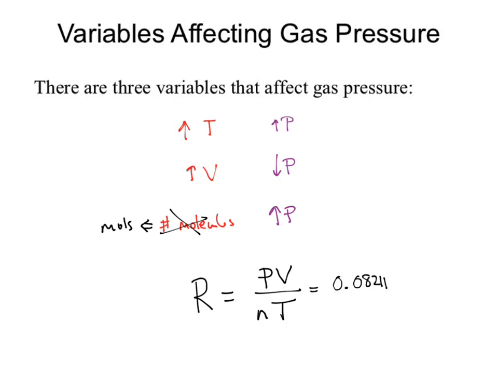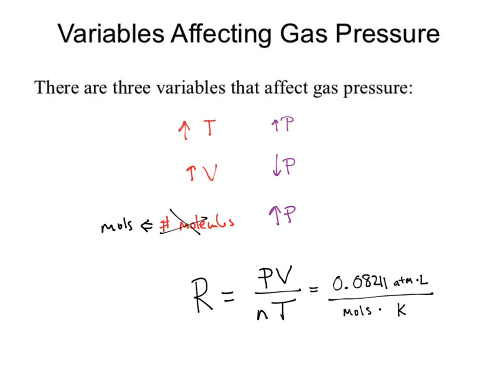There's a million different units. Which unit do we use? Atmospheres. What is the unit on volume? Liters. What is our unit for moles? That was a dumb question, sorry. What is our unit for temperature? Kelvin.